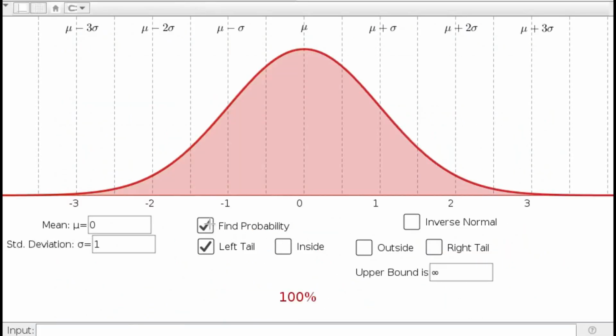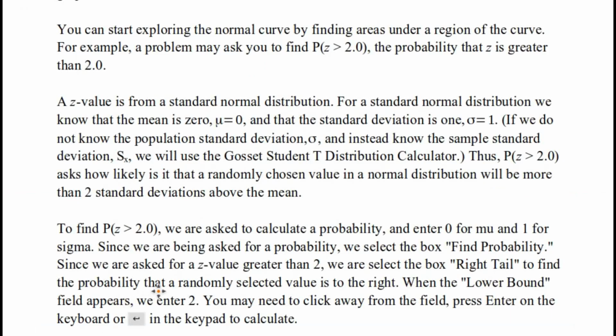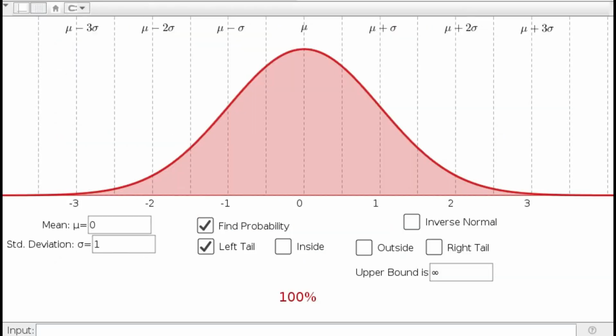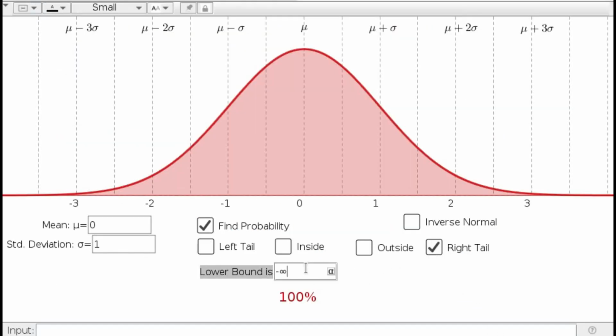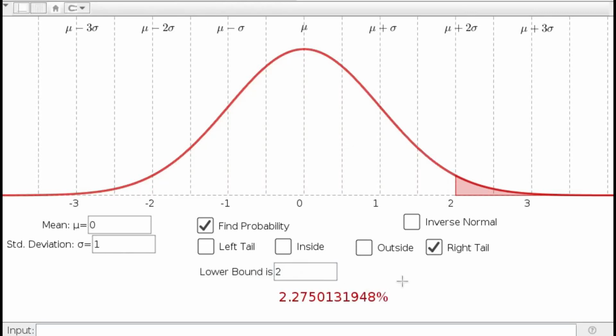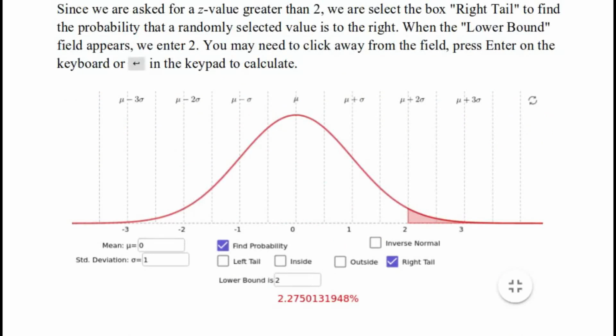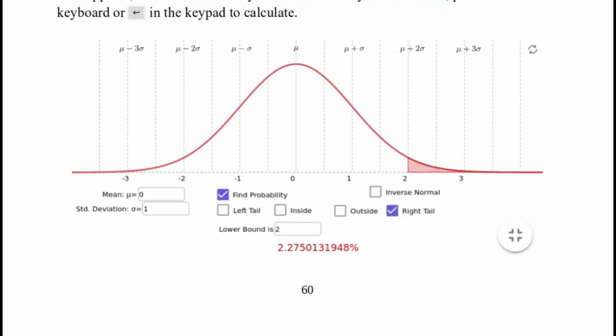We're also asked for a value of z greater than 2, so we select the right tail, and the lower bound is 2. And when we click away, it tells us the probability that we're more than 2 standard deviations above the mean. In other words, about 2.2750%. And in your workbook, I show you exactly how this looks inside of our GeoGebra application.